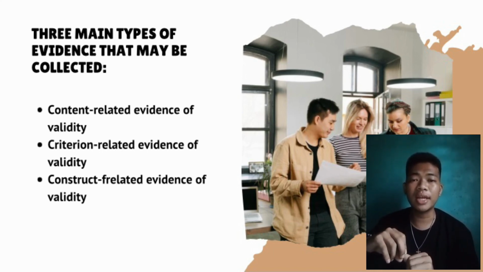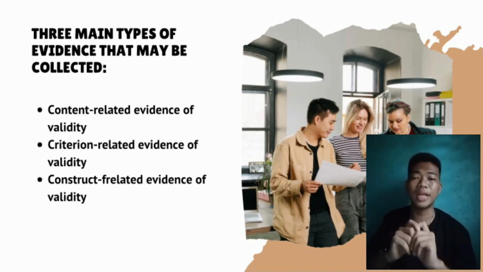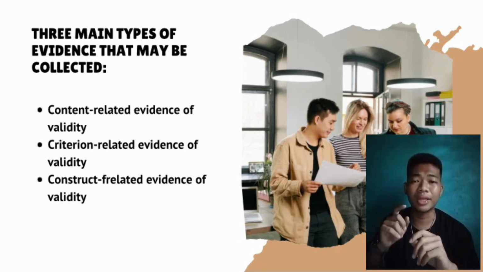Sa content-related validity, it is the evidence about the extent to which the test accurately represents the target domain. Kumbaga, ito yung ginagamit natin upang may ugnay ang lawak ng ating ebidensya mula sa ating target na domain. Kumbaga, dapat accurate ito.